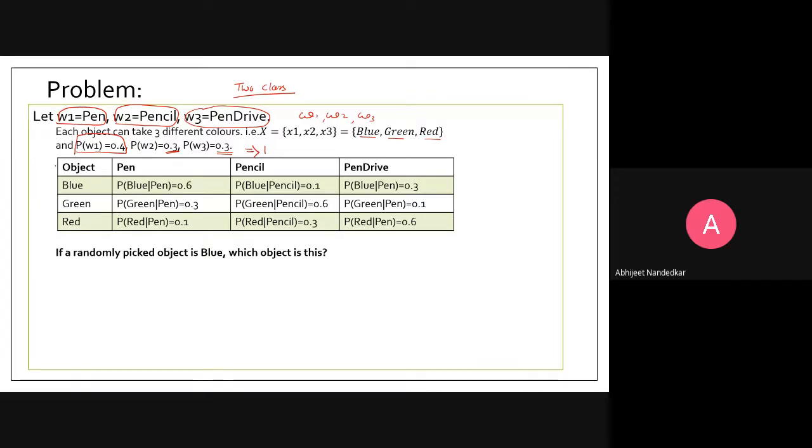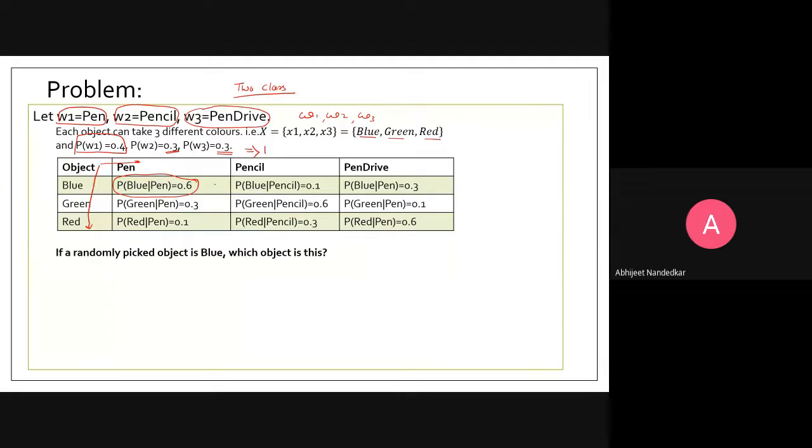Now, you are being provided a table where vertically you have different colors, that is blue, green, red, and horizontally you have different objects, say pen, pencil, and pen drive. This entry here is the probability that given a pen, when a pen is given to you, its color is blue, the chances are 60%.